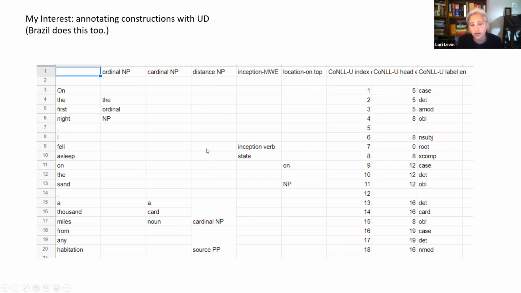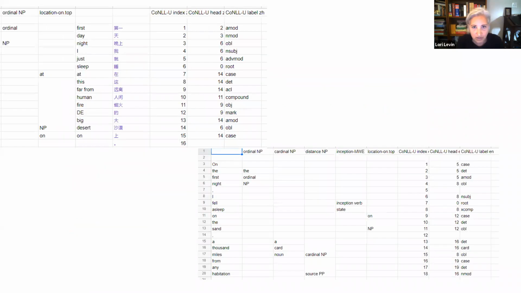But this is a way, if you want to compare across languages, you can compare the columns, and then you can see how they correspond to different dependency parses. So that's what I'm kind of doing on the side while I continue working with this group of people. And I think that's actually all I wanted to say.